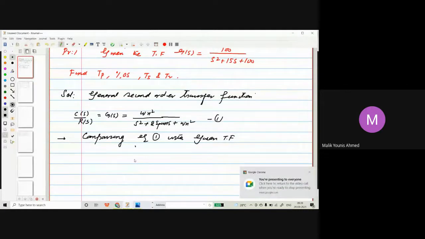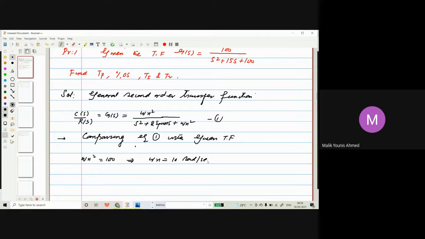When we compare, we have omega n square equal to 100, so omega n is equal to 10 radians per second. Units are very important, I have told you.